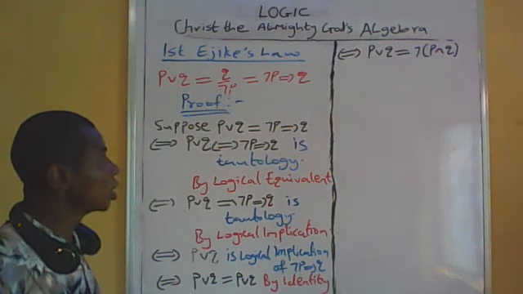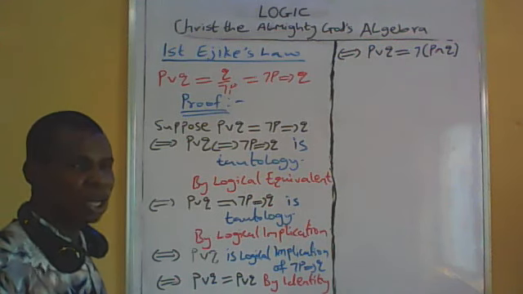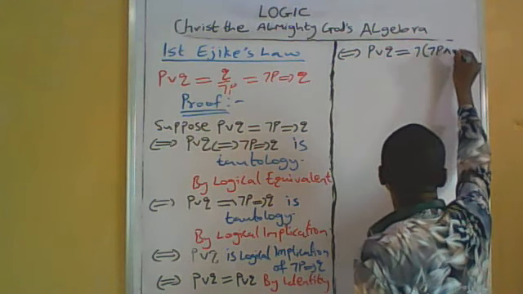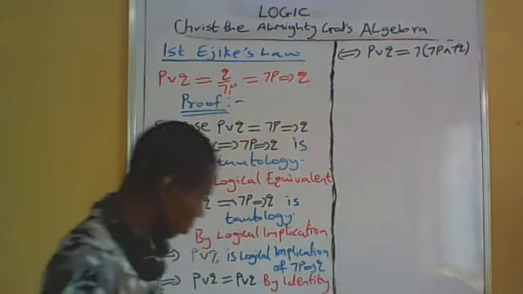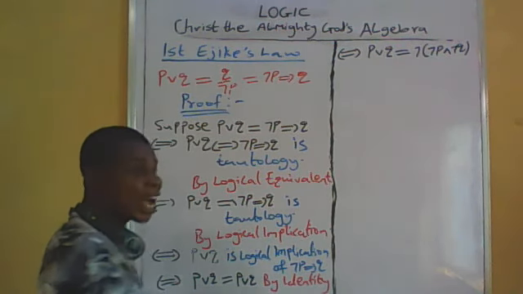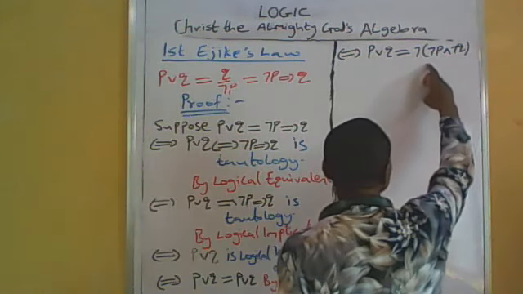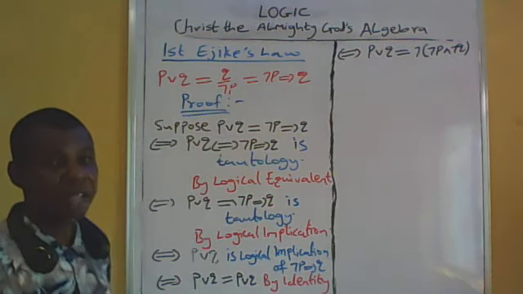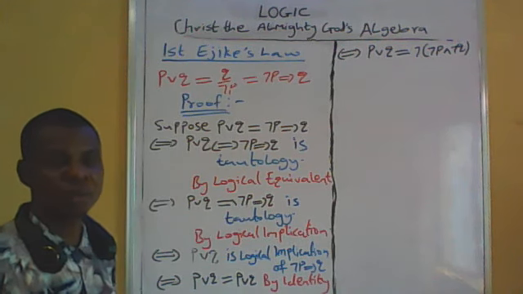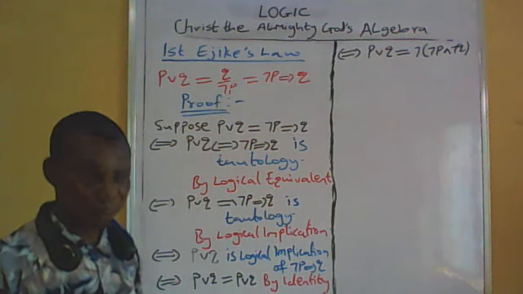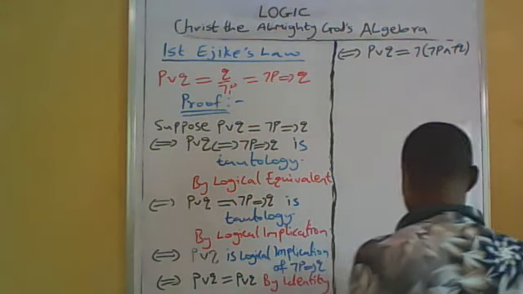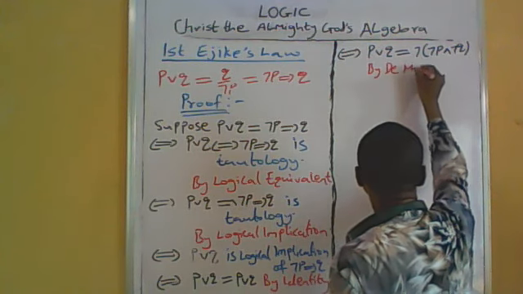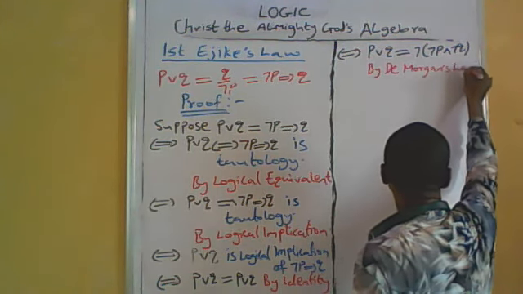That means P or Q is equal to not bracket P and the Q. Sorry, not bracket not P and the not Q. You see that this P or Q has been substituted with not bracket, not P and not Q is equal to P or Q. Being justified by De Morgan's law.